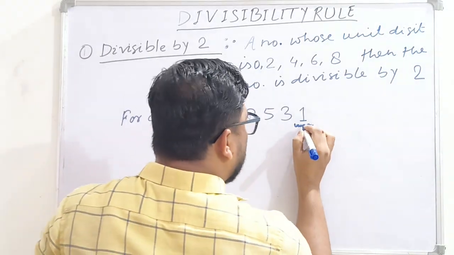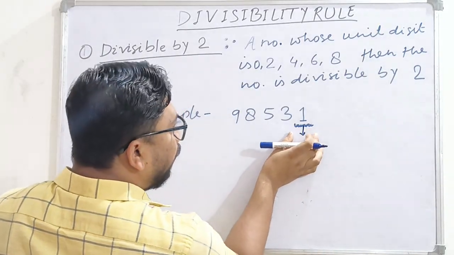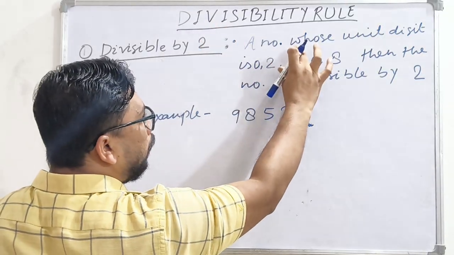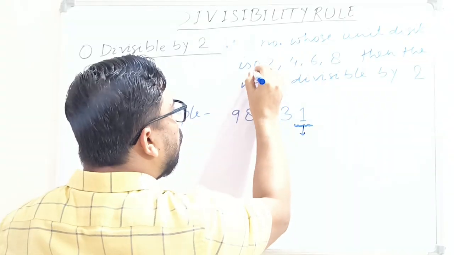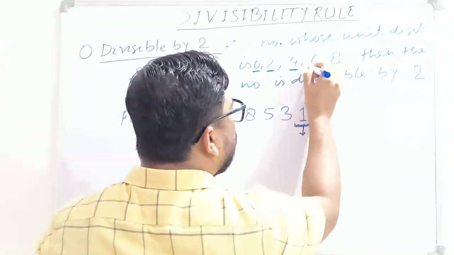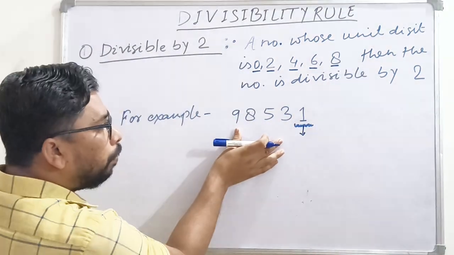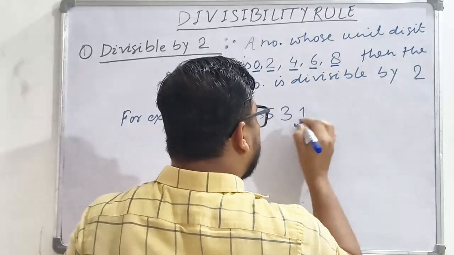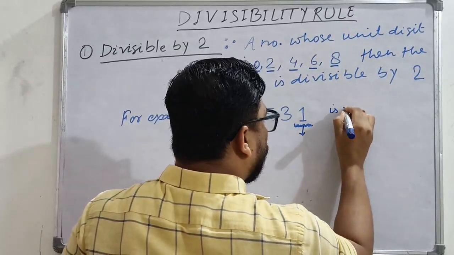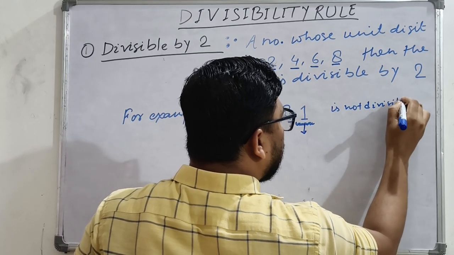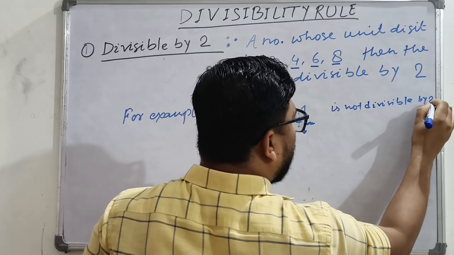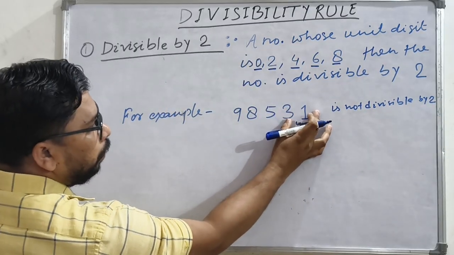So this one is the unit digit. And what is the criterion for divisibility by 2? The unit digit must be either 0, 2, 4, 6 or 8. So this number is not divisible by 2, because the unit digit is 1.